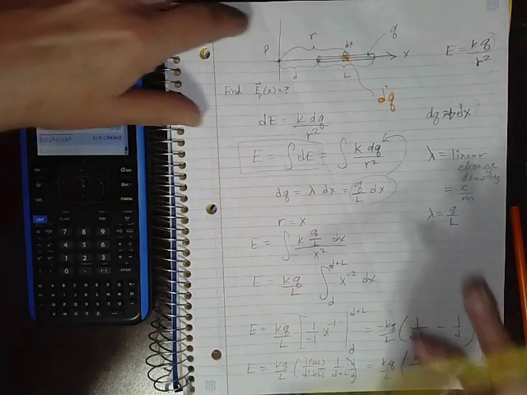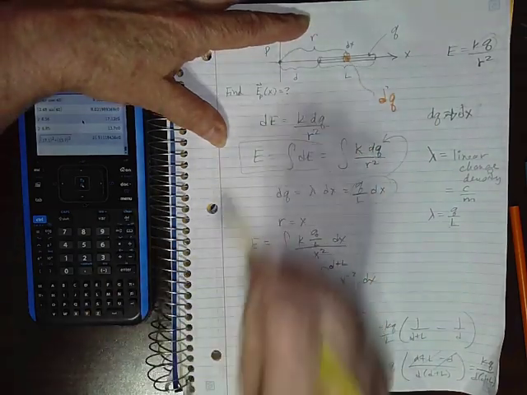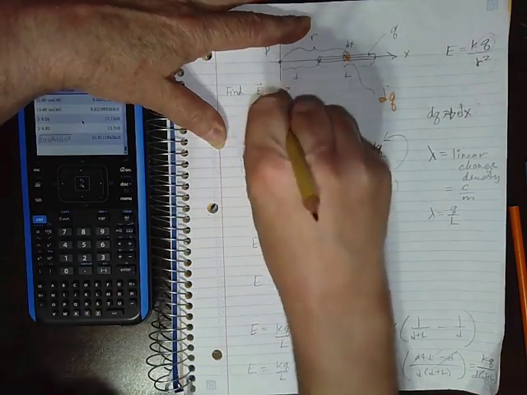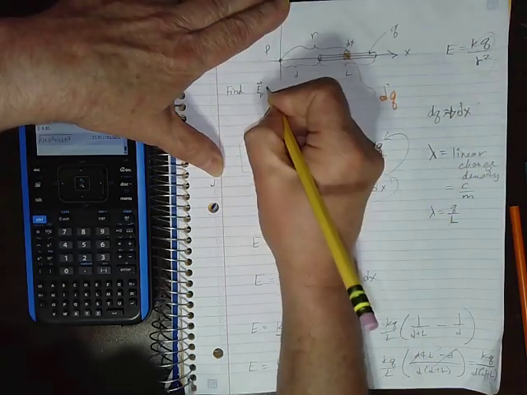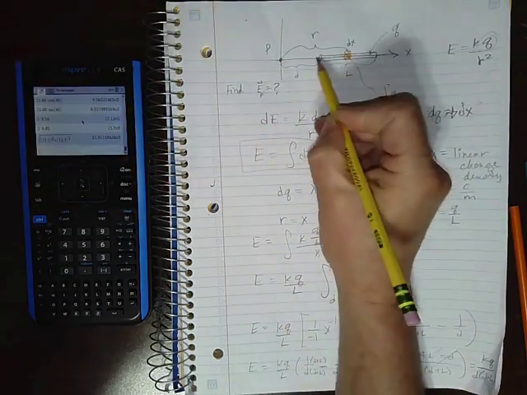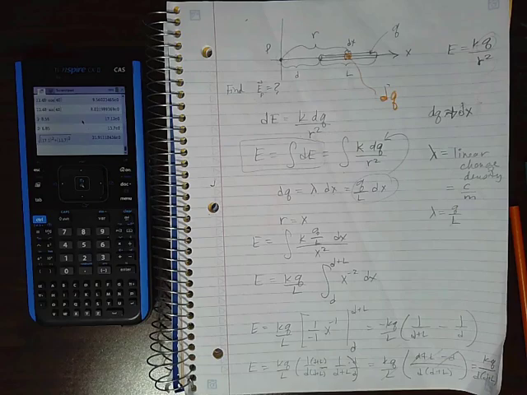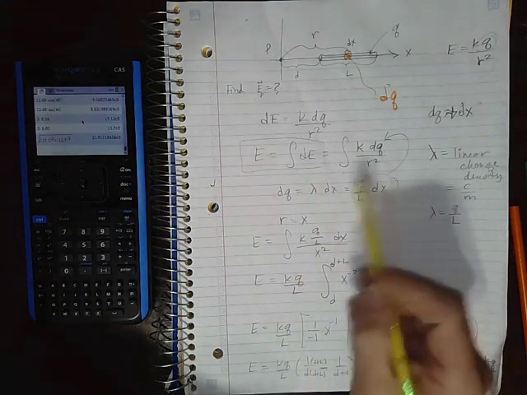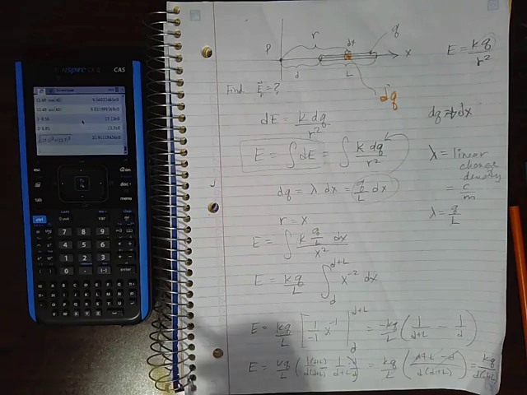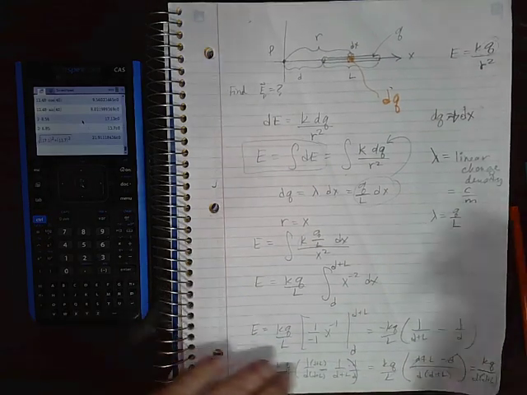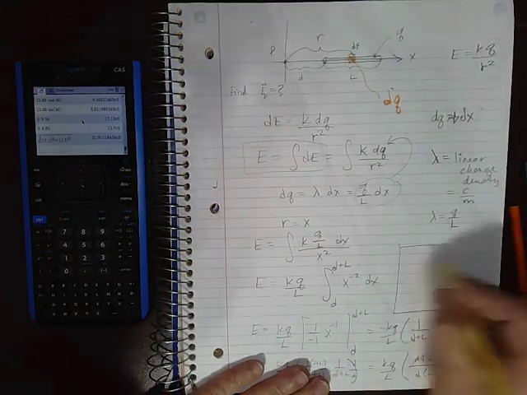Going back to my first assumption, it's not a function of x anymore, it's just the total E at point P, because we're going over the whole rod, so we're not doing it for just a certain point. That was E as a function of x, but we wanted to integrate over it, so I was a little off on that first equation.